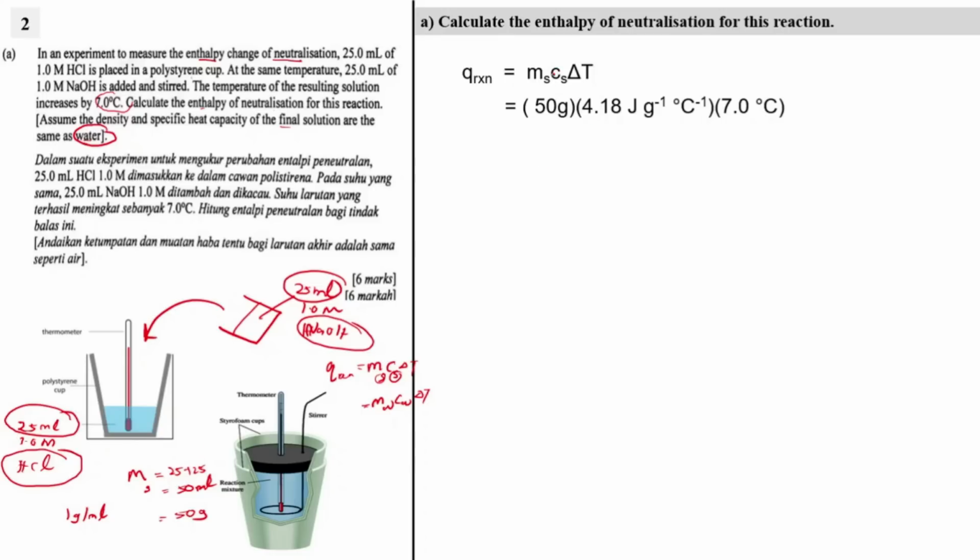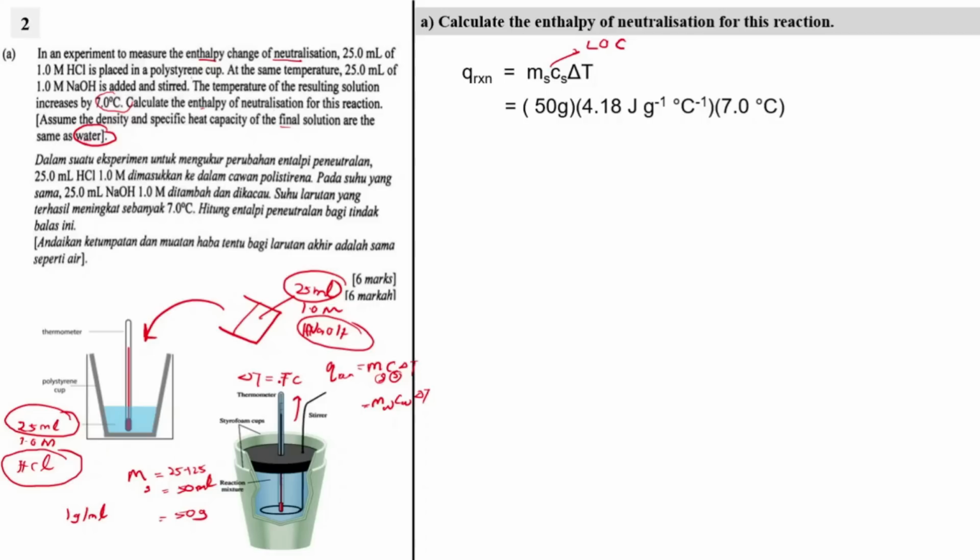And then our specific heat capacity of the solution or the water is given in the list of constants at the front page of the booklet. So we're going to have 4.18 joule per gram per degree Celsius. And then our delta T here is known to be 7 degrees Celsius because when there is a mixing of HCl and NaOH, the temperature rises by as much as 7 degrees Celsius.